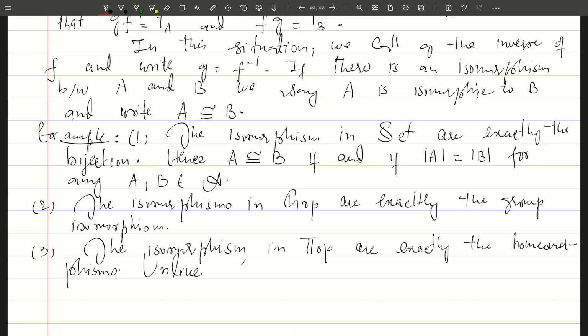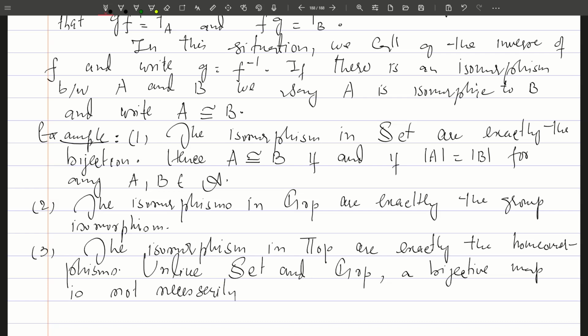Unlike the category Set and the category Group, a bijective map is not necessarily an isomorphism.